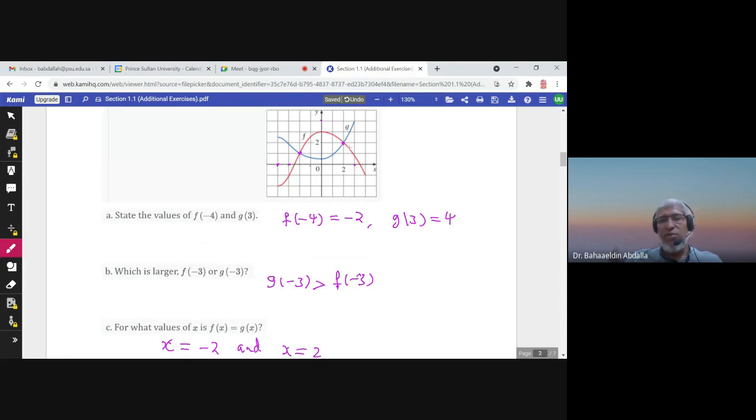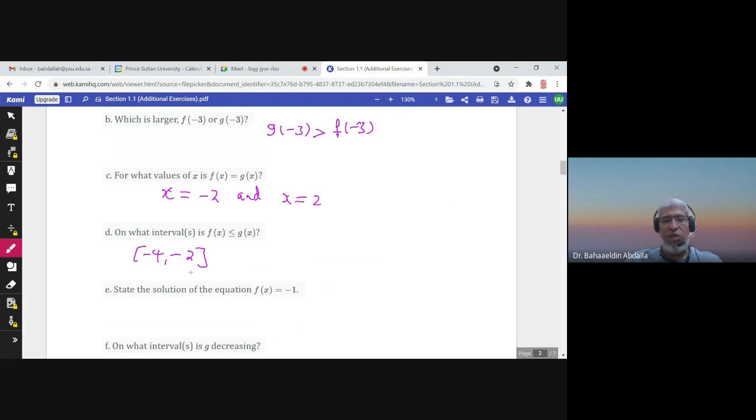Also, f, which is the red one, is less than g from 2 to 3. Okay, 2, 3, because g is not defined after 3. Okay, so we say only from 2 to 3, f is less than g. So union 2 to 3.